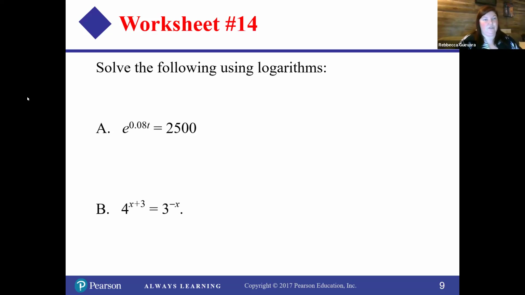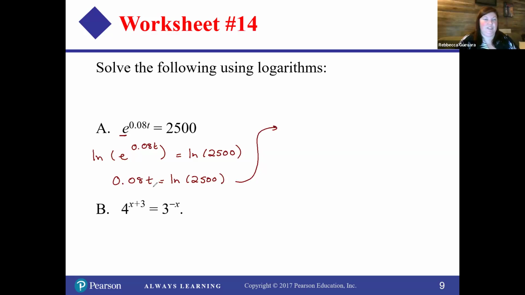All right, so for A, because we have e here, I'm going to do a natural log of both sides. Now, when I do that natural log, because that's a base e log, all I'm left with is the power of 0.08t on this side, and I'm still left with natural log of 2,500 on the other side.